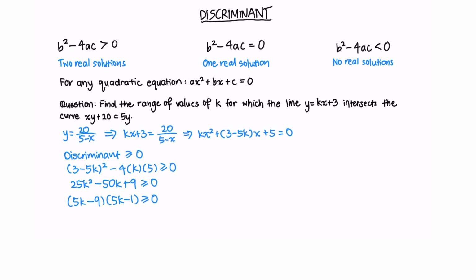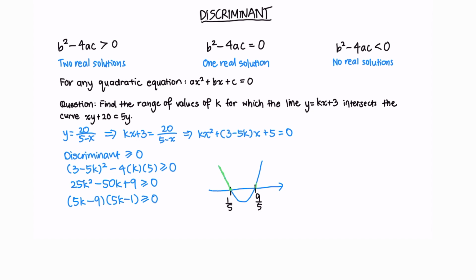Okay, how do we solve this? This is a quadratic inequality. Let me draw this graph over here. The two roots of this quadratic equation are k equals 1 over 5 and k equals 9 over 5. So if you want to find out what values of k will make the quadratic more than or equal to 0, we look at the roots.